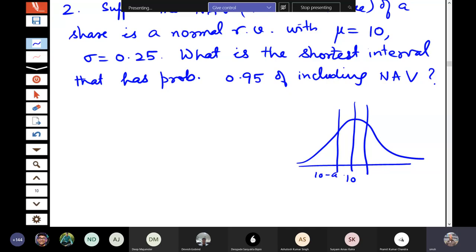So it is something like 10 minus a to 10 plus a. Because if you want to have a certain probability with the shortest interval, then it should be symmetric around the mean because of the nature of the normal distribution.